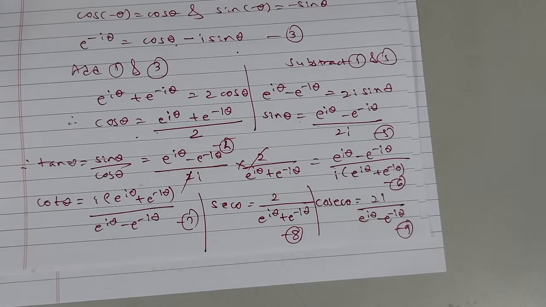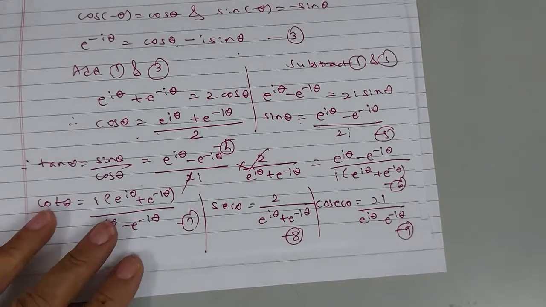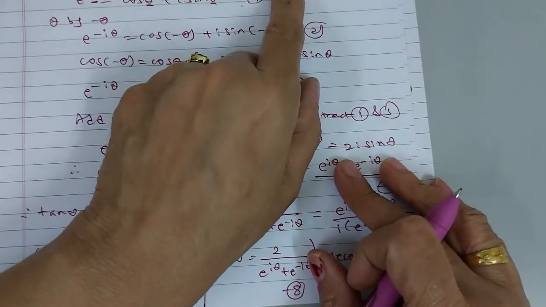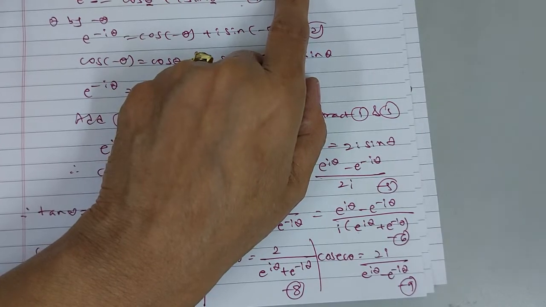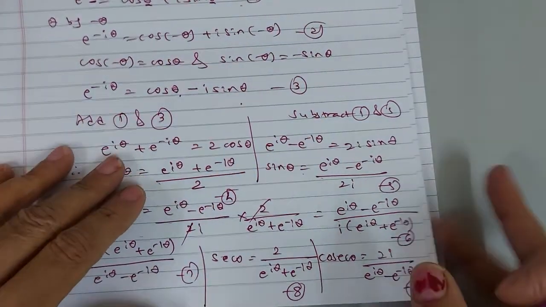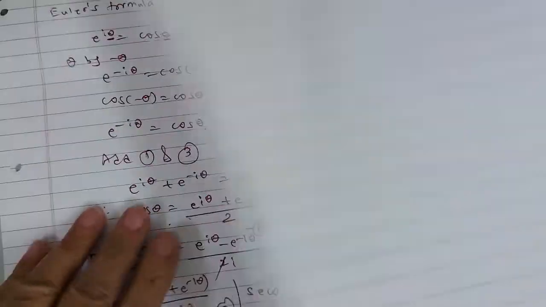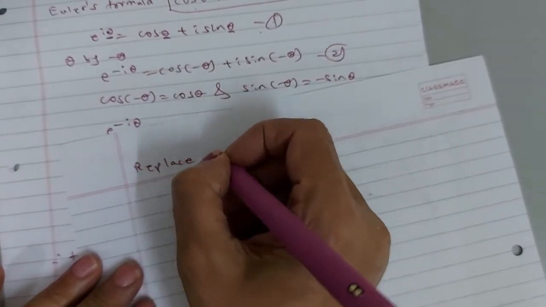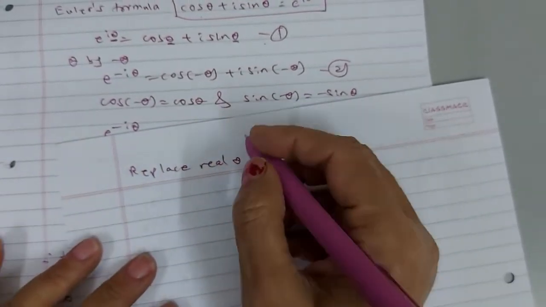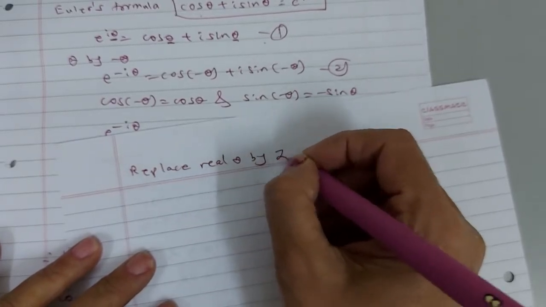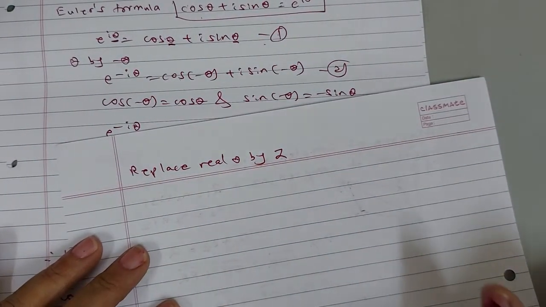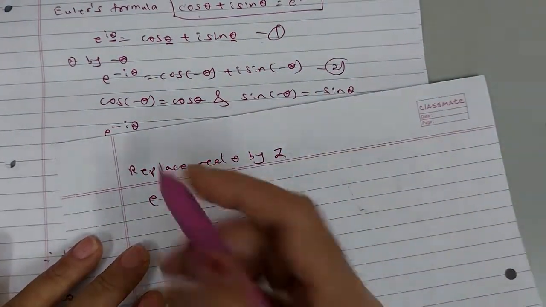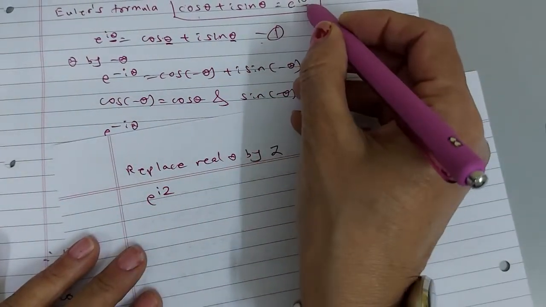Now what we'll do next, we'll replace this real theta in the equation e^(iθ) by a complex number z. The Euler's formula will become e^(iz) = cos z + i sin z. Only theta is replaced, i is as it is.